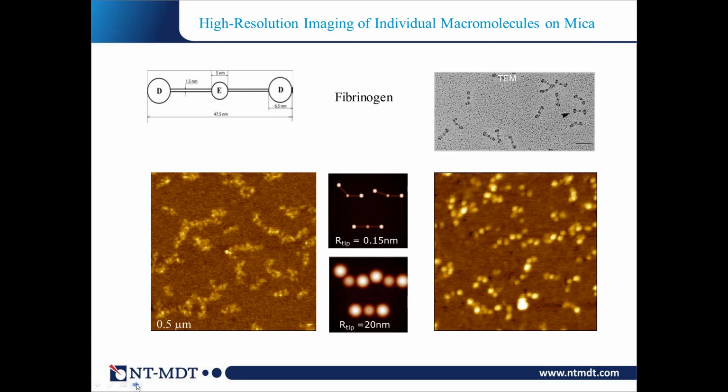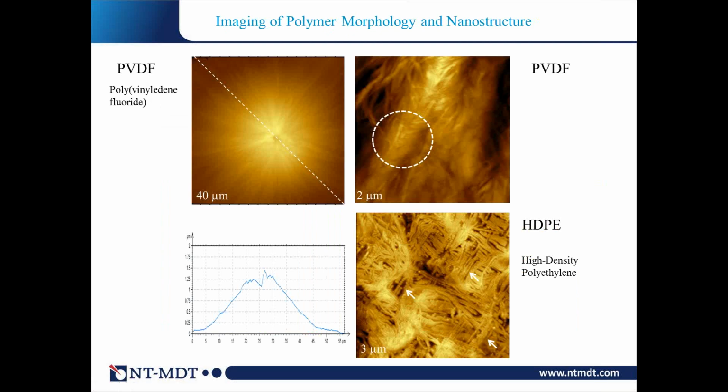Now we go further to bigger structures, let's say from a few nanometers to the 10 to 20 nanometer range. I took some examples of polymer morphology. The point is that here the morphology is relatively smooth, and then you see a lot of details.